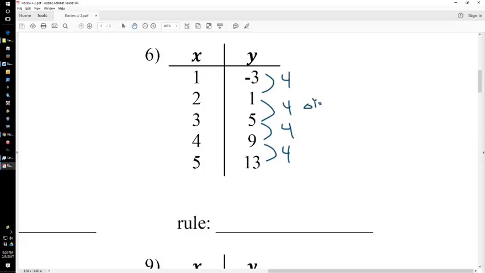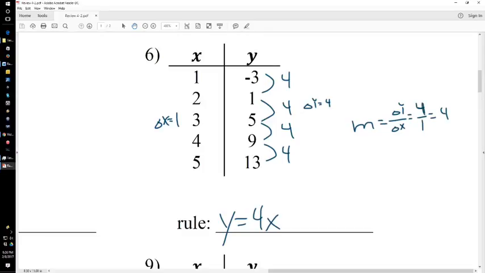Your change in x, well, you're going up by 1, right? The change in x is 1. So 4 divided by 1 is 4. Therefore, y equals 4x. Because remember, m equals delta y divided by delta x. So 4 divided by 1 is 4.